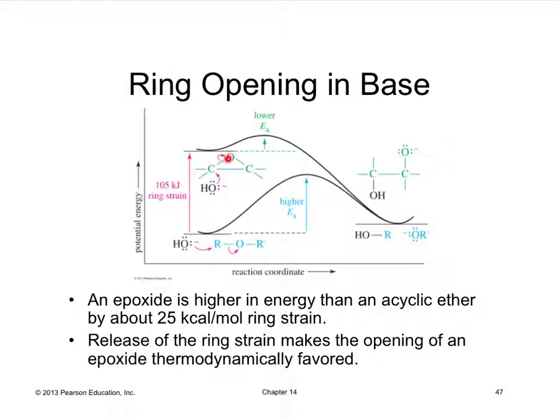However, the epoxide has ring strain, so it starts at a higher energy and has a lower activation energy to get to the product. The epoxide is approximately 25 kcal per mole higher in energy due to this ring strain. The release of the ring strain makes the opening of the epoxide thermodynamically favored versus the non-ring-strained system.